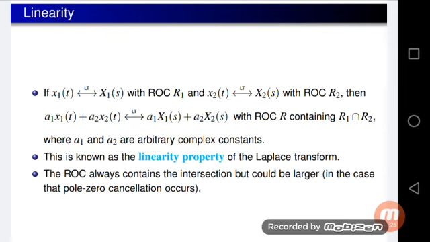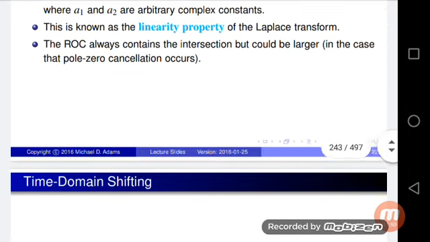This is known as the linearity property of the Laplace transform. The ROC always contains the intersection, but could be larger in the case that pole zero cancellation occurs.